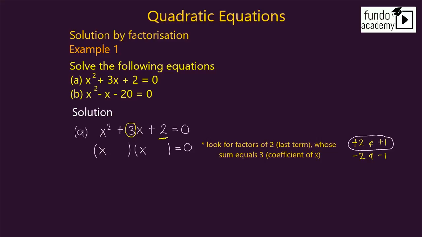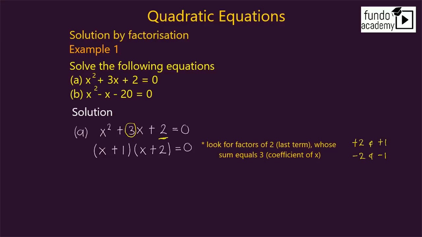So these are the ones that are going to fill up our brackets. So we'll be having plus 1 and plus 2 within the brackets, whichever. So we now have our algebraic expression on the left hand side factorized. That is how we factorize these quadratic expressions.